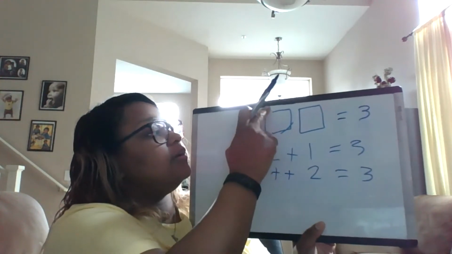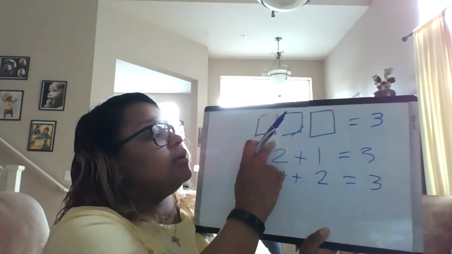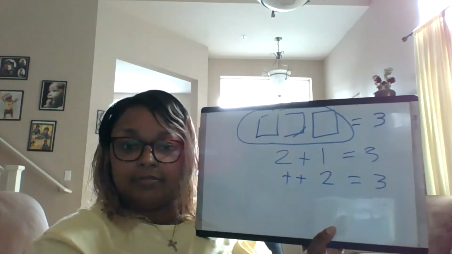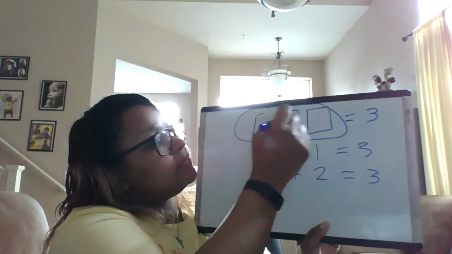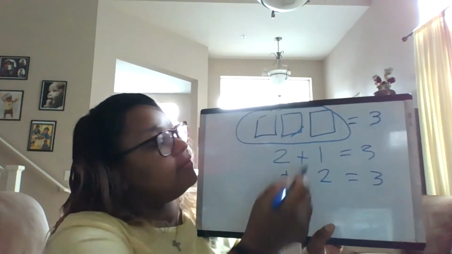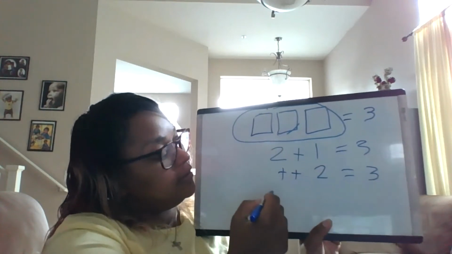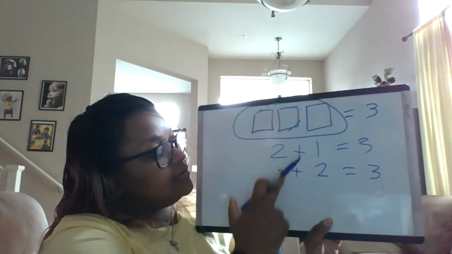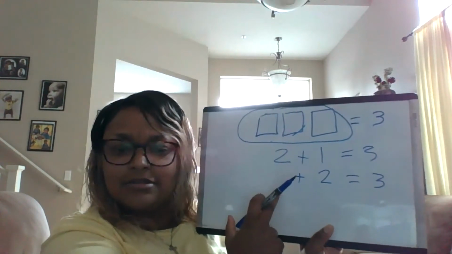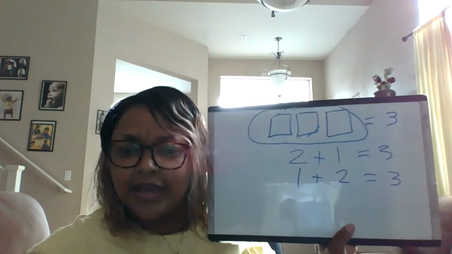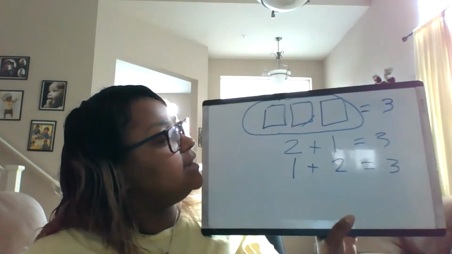If I circle all of them, then I know I have 3. What is this? I put plus plus. No, 1 plus 2 equals 3. Thank you for catching that, silly Mrs. King.